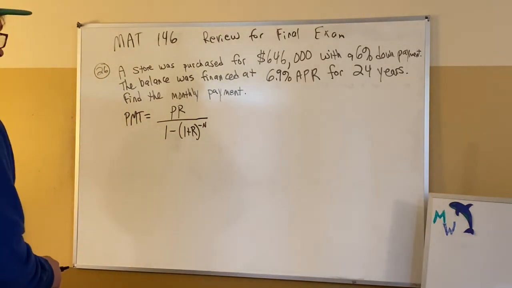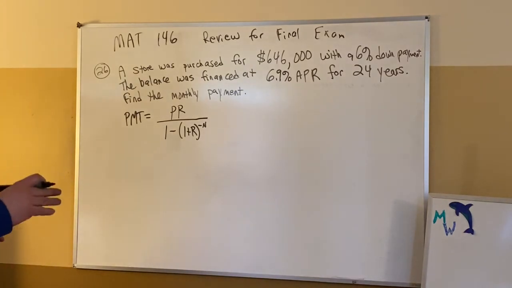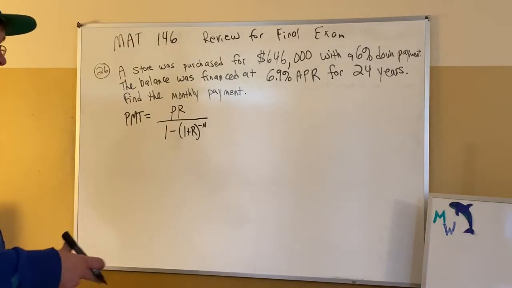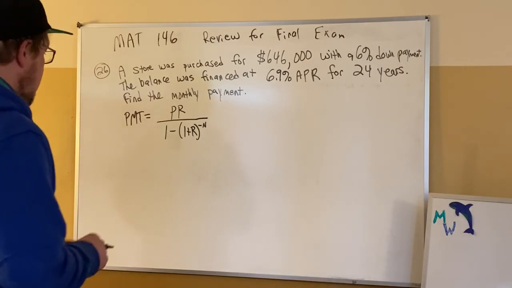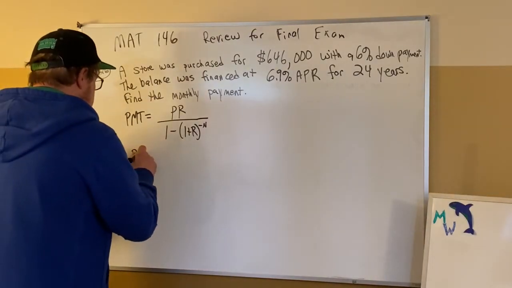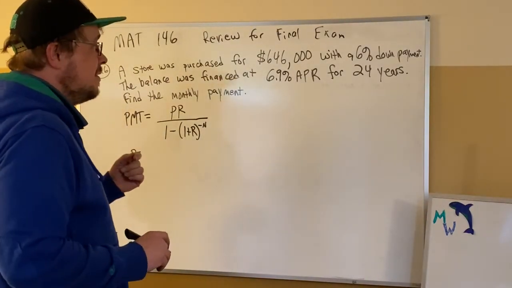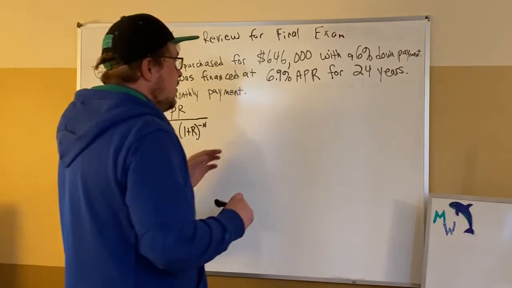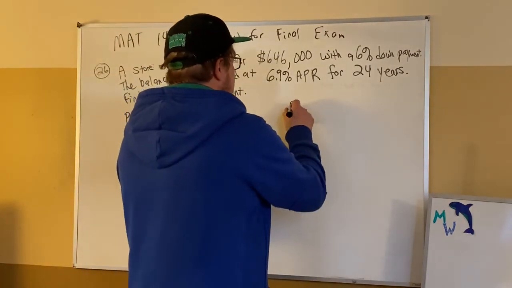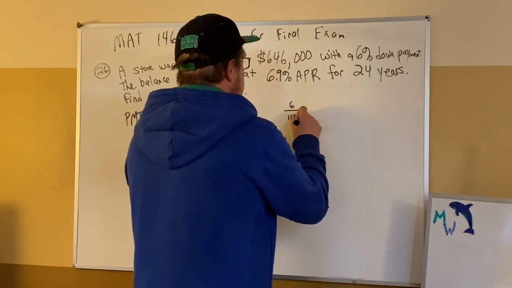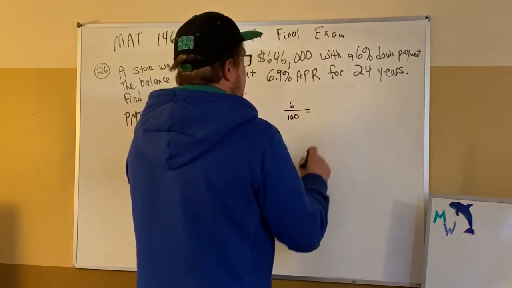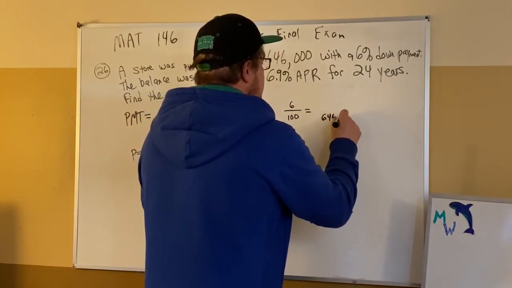So we need to get P, R, and N ready to go into the formula, place them in the formula, and get the proper result for the payment. So let's see what P is. Well, P has to be figured out with the down payment. We want to take a 6% down payment, 6 out of 100, and the total is $646,000.